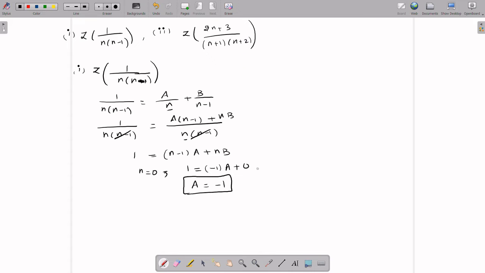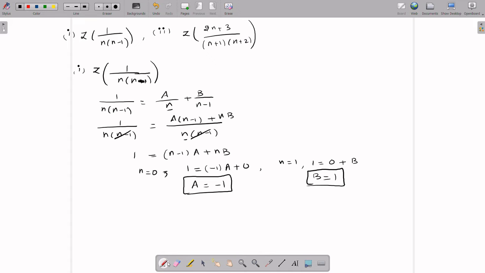When you substitute n is equal to 1, 1 minus 1 becomes 0, so a's term becomes 0 and you get the value of b. So 1 is equal to this term becomes 0 plus 1 into b, or the value of b is equal to 1.